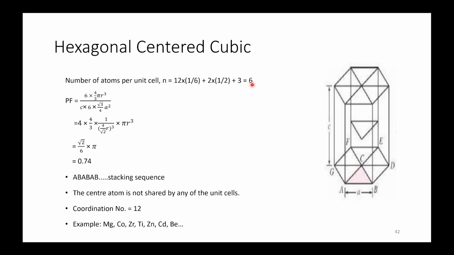Thus there will be 6 atoms. And packing fraction you can calculate, it will be similar to FCC, so it is also a close packed structure. It has 0.74 packing fraction, and its stacking sequence is AB. As you can see, this continues here, AB, like that it will have the stacking sequence.